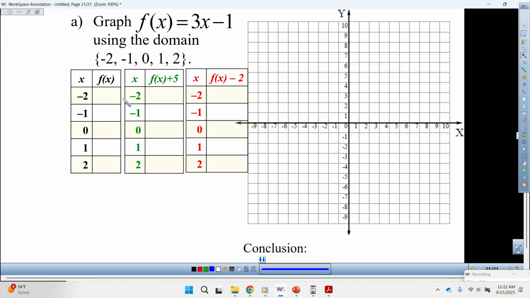So I'm going to start off by filling in this table right here in black. Y'all ready? So instead of x, I'm going to start by using what value? -2 inside here of the function. So I'm going to write it out. F parentheses equals 3 parentheses minus 1. So my first value is -2.